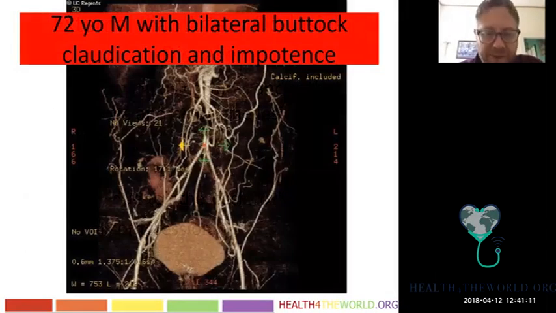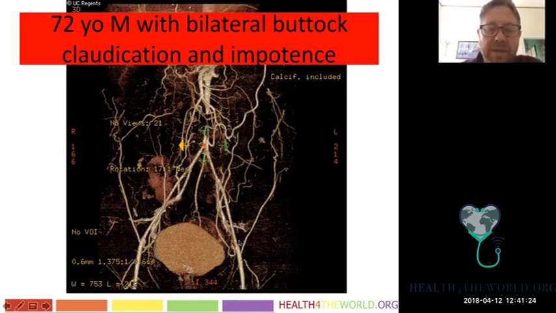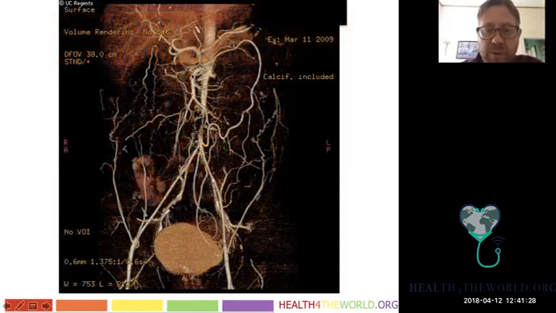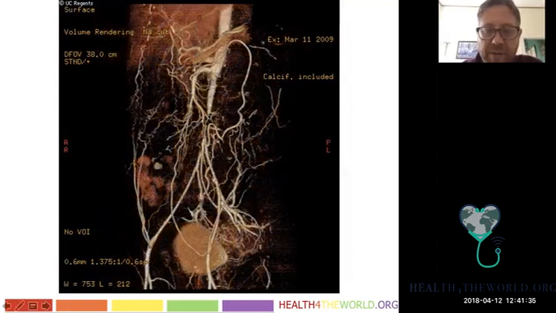How about this patient? This is another interesting example of a very important collateral path in the setting of aortic occlusive disease. This patient had buttock claudication and impotence, and you can see that if I go through this volume rendered CT, here's the superior mesenteric artery, here's the abdominal aorta, and you can see that it starts to taper shut right here.